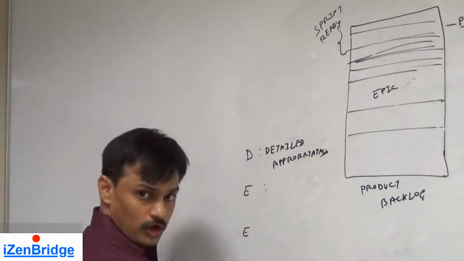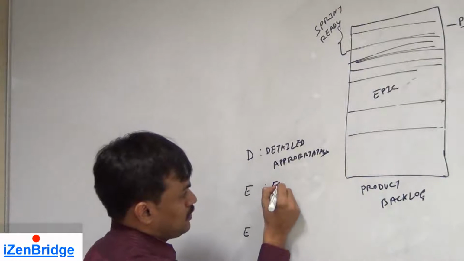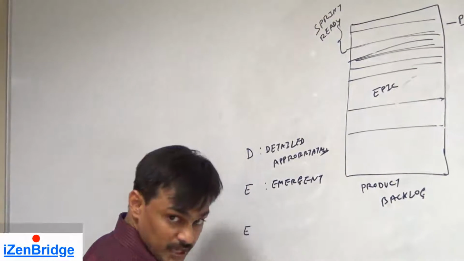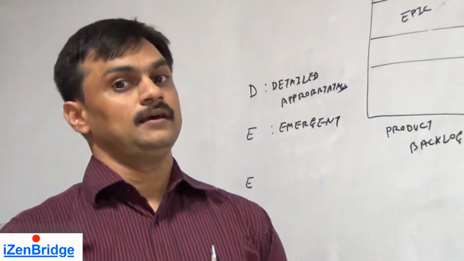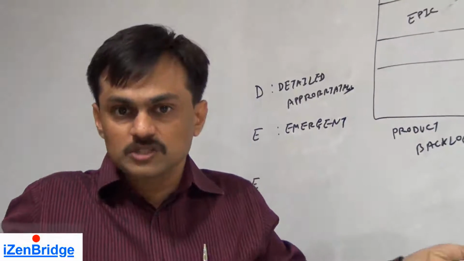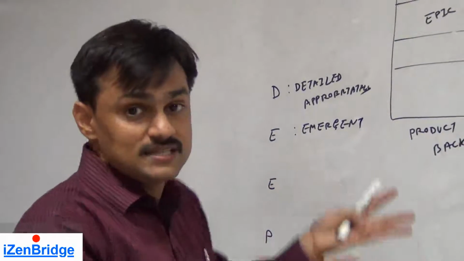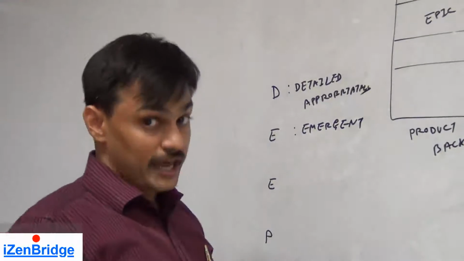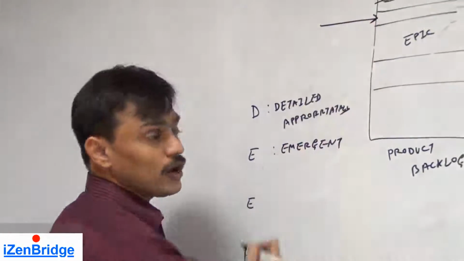The product backlog is emergent in nature. What does it mean? It means the product backlog never get baselined. Till the time we are working on a product, and that is all about agile, responding to change rather than following a plan. If you have a baseline product backlog, then where is the change flexibility? With time, we keep adding new stories to a product backlog item.